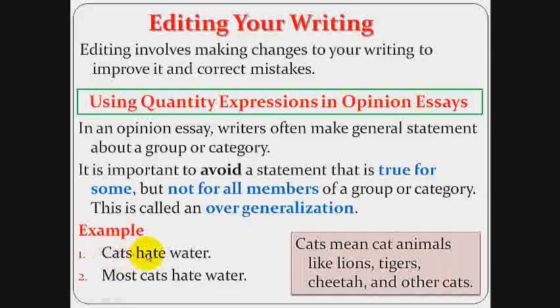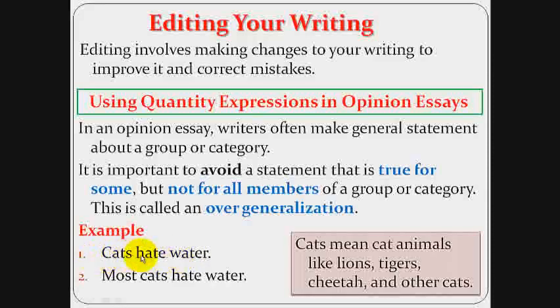So this general statement is saying cats, meaning this group of animals, hate water. Okay. So is this statement true or not for all cats? No. This general statement is true for some and untrue for others.